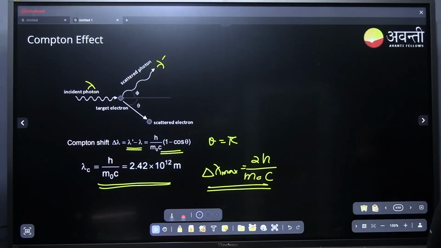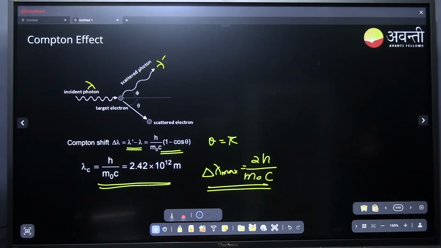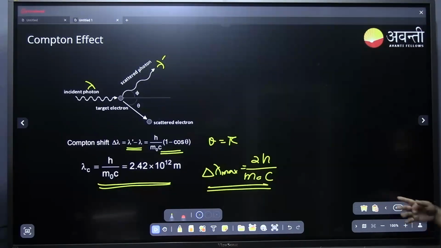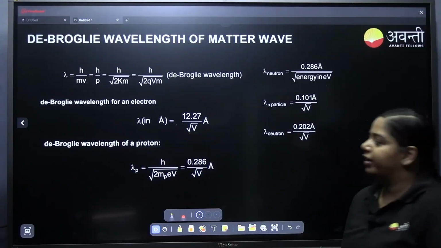Is it clear? Yes, ma'am. Okay, then moving on. We can easily say that because photon does not have mass when it is moving.